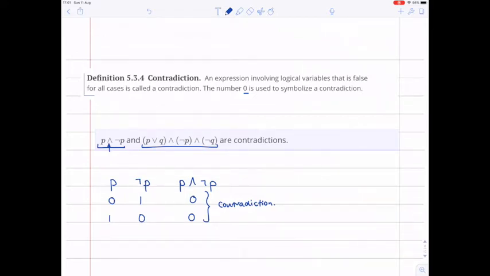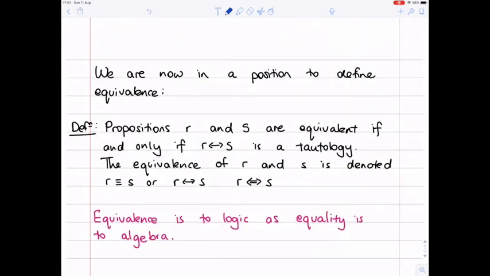So now we're actually in a position to define equivalence, which we've been using by thinking of things having the same final truth table row, final truth table column. But we can actually define it formally. So if we have two propositions, proposition R and S, then they're equivalent if the truth table for "R is true if and only if S is true" is a tautology.